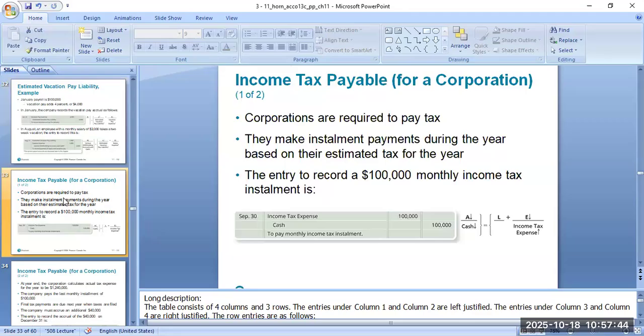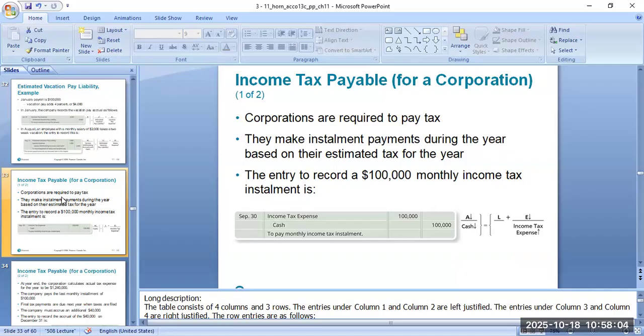The next accrual for the payables is the income tax payable. Now, every corporation is required to pay taxes. What's the percentage of the taxes you're going to see in the tax course.